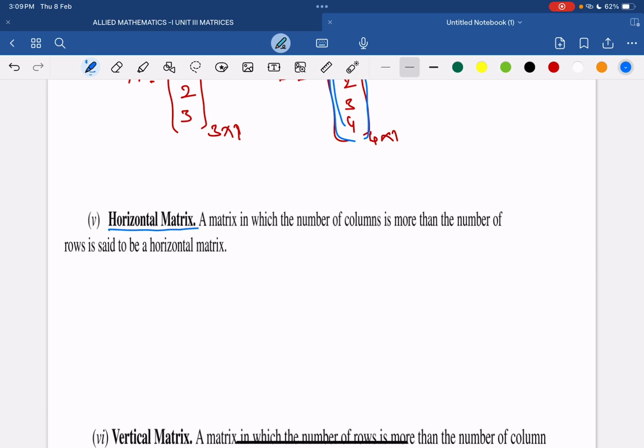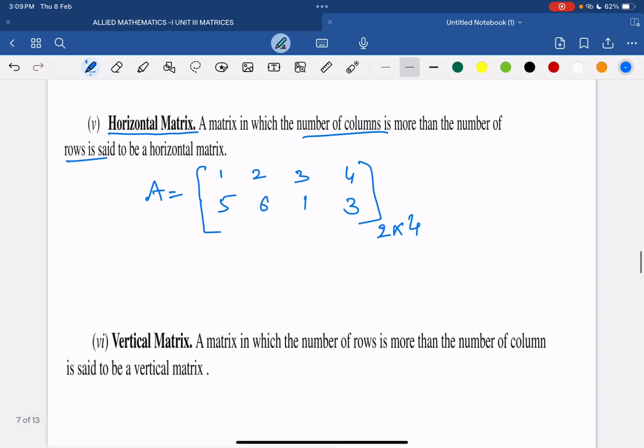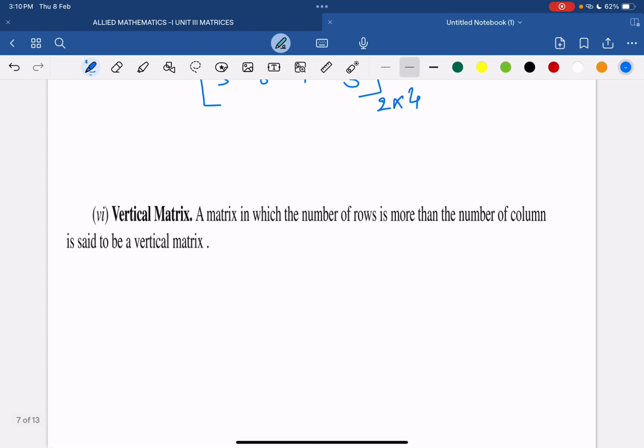Horizontal matrix. A matrix in which the number of columns is more than the number of rows. For example, A is equal to 1, 2, 3, 4, 5, 6, 1, 3. The number of rows is 2 and the number of columns is 4. When the number of columns is more than the number of rows, it is called a horizontal matrix. Vertical matrix: a matrix in which the number of rows is more than the number of columns.